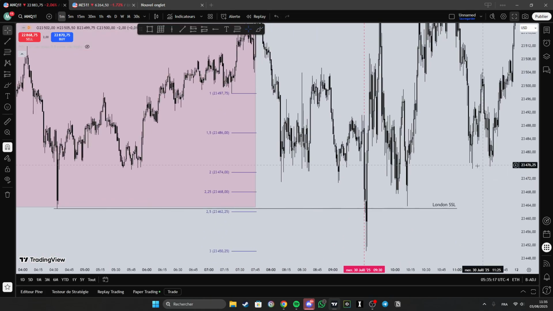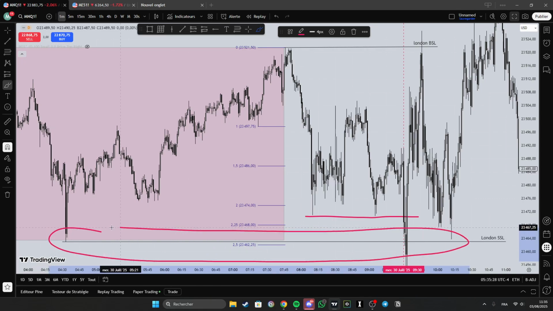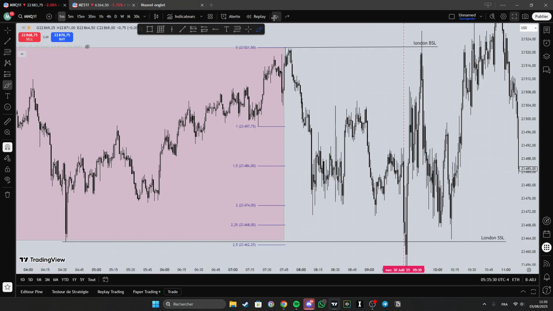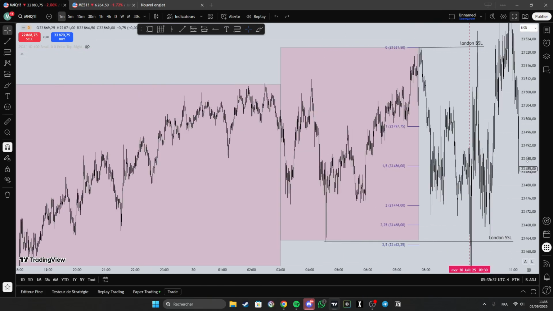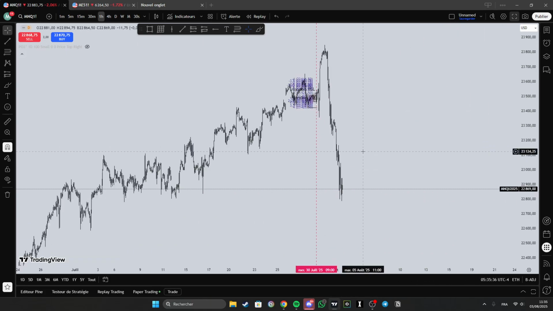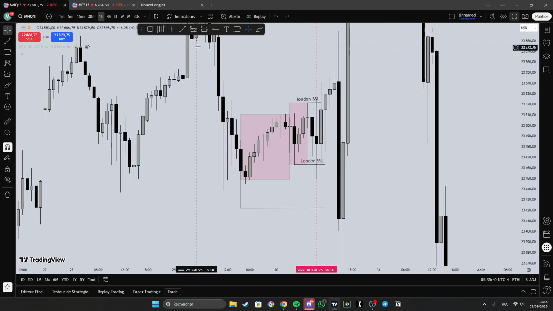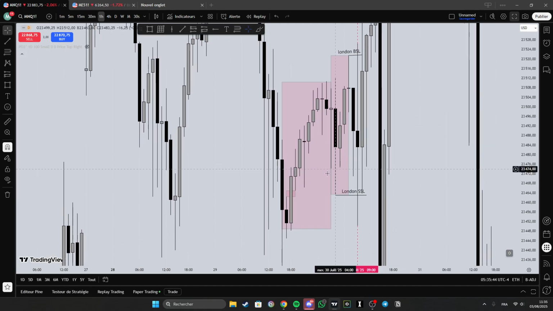So going into pre-market, as you can see, we accumulate pre-market. We also generate sell-side liquidity here. We have this London low here, and we had an hourly fair value gap. I'm gonna mark it out. We had this hourly fair value gap here, like this.